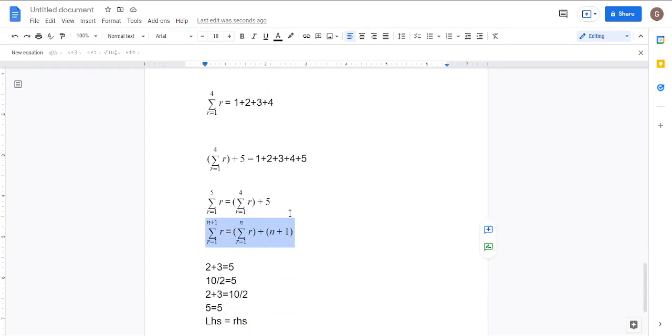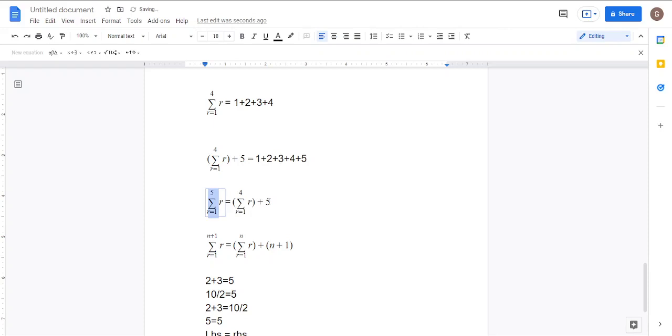So if we let, okay, all right, so we agree that this is equal to this, right? So now I'm saying take that, but let n represent 4. So let's replace 4 with n wherever we see 4. So wherever we see 4, we replace it with n.